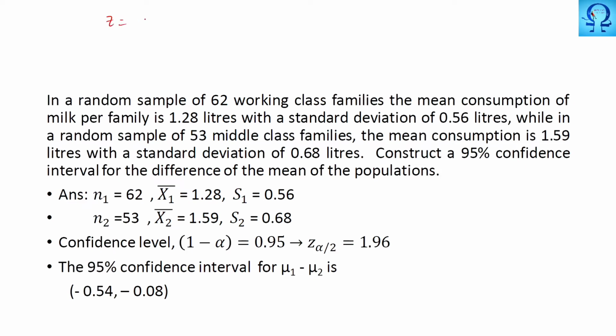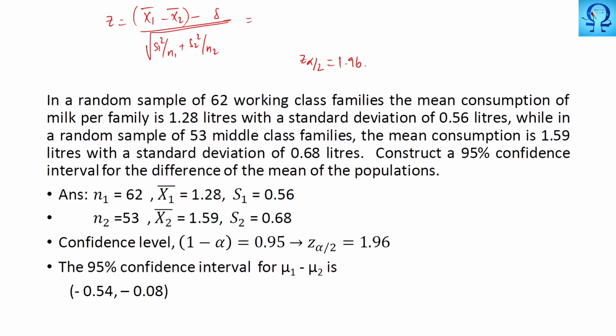Here, z would be x1 bar minus x2 bar minus delta divided by the square root of s1 square upon n1 plus s2 square upon n2. We calculate some value, and from the table we find z alpha upon 2, which is 1.96. That is required whether we are testing the hypothesis or finding the confidence interval. Now what should we do?